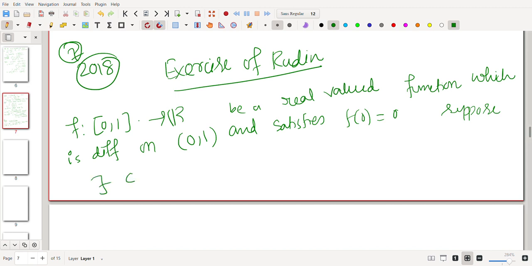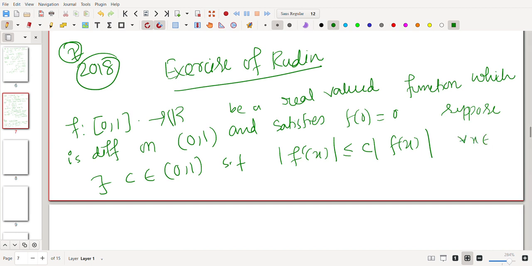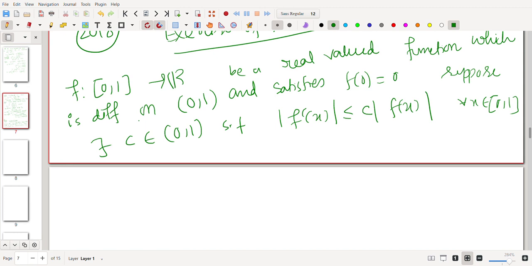Suppose there exists c belongs to (0,1) such that |f'(x)| ≤ c|f(x)| for all x in [0,1]. Then we need to show that f(x) equals 0.